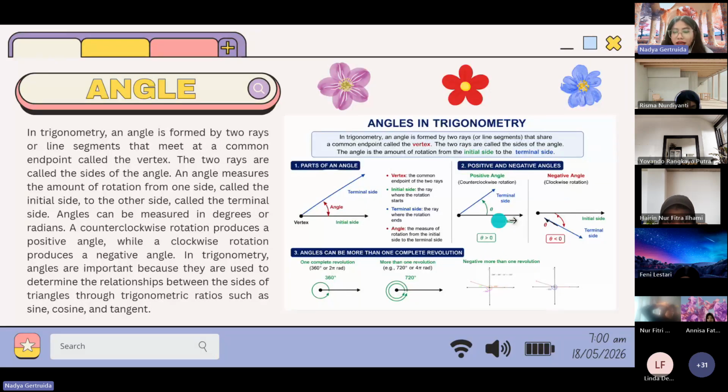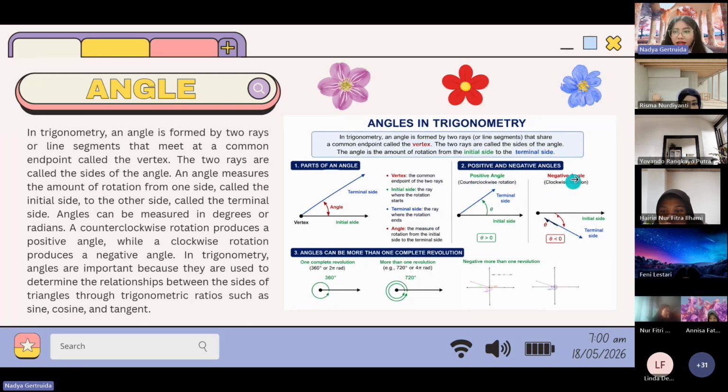And an angle can be positive or negative. If the angle's direction does not follow the clockwise rotation, it will be a positive angle.